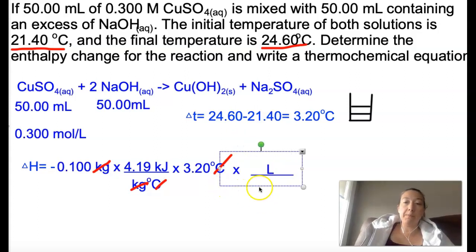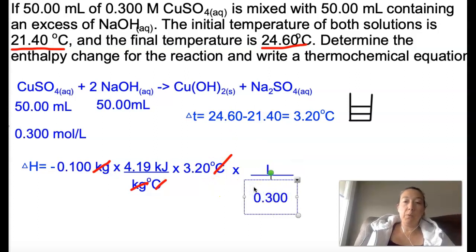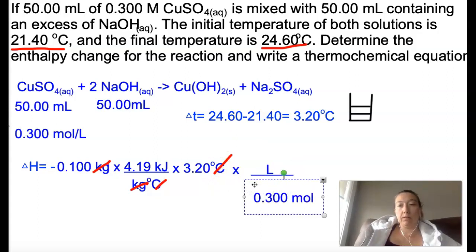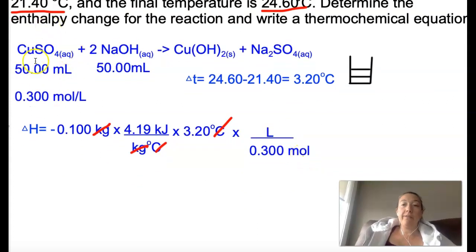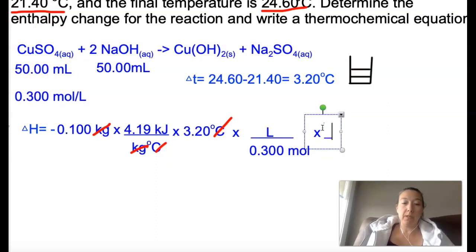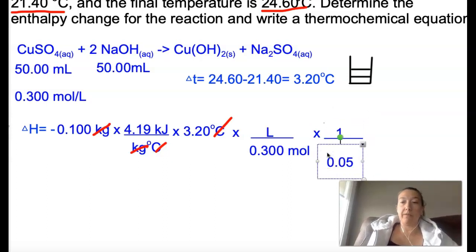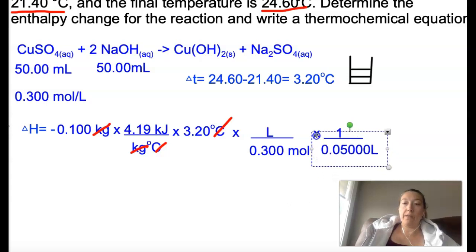So liters on top, on the bottom, 0.3 moles. And that is going to be of that copper sulfate. I need to get rid of liters. I had 50 mils, so to get rid of liters, I need to put that on the bottom. So 1 over 0.0500 liters. Okay, and now that lets me cancel out these liters.